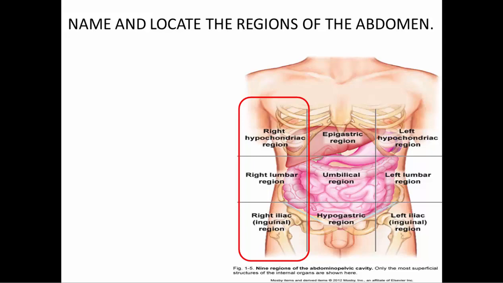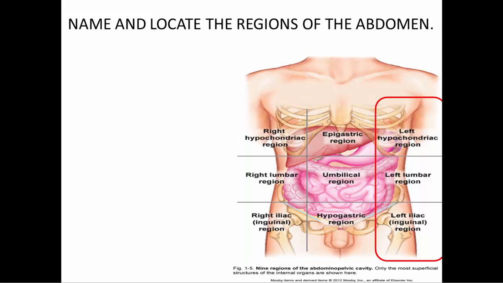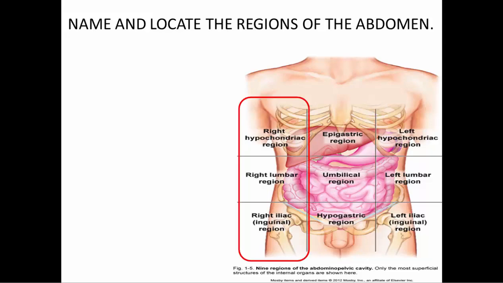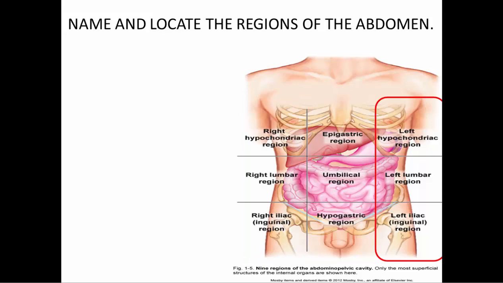Their right side is on our left side, and their left side is on our right side. And so what we can see here is that on the right side, all the regions have right at the beginning of their name, and on the left side they all have left at the beginning of their name.